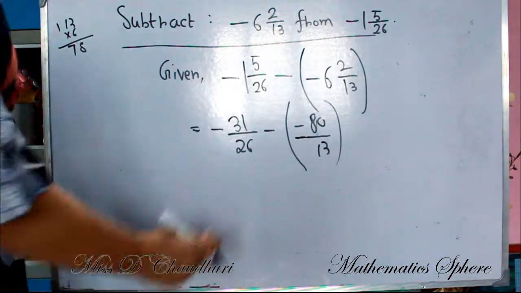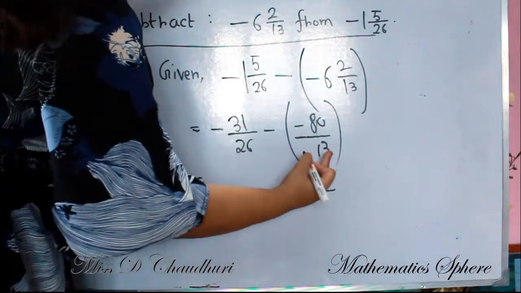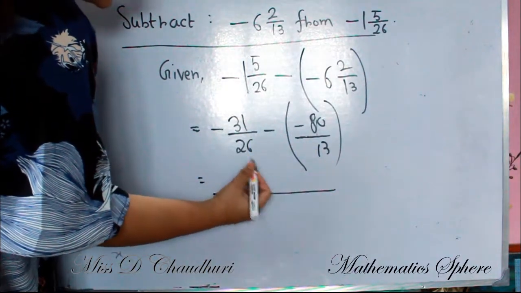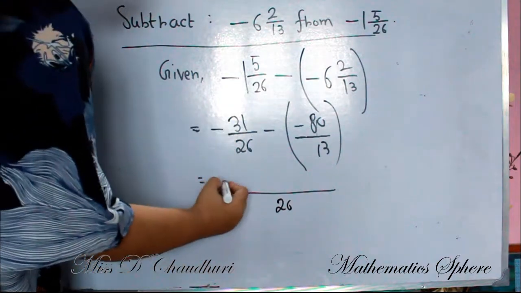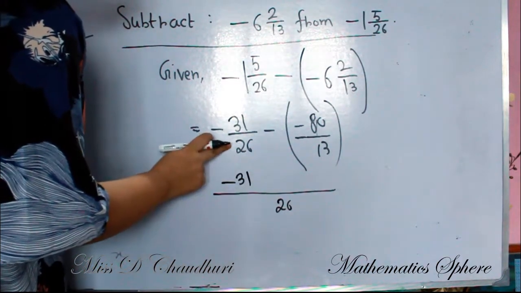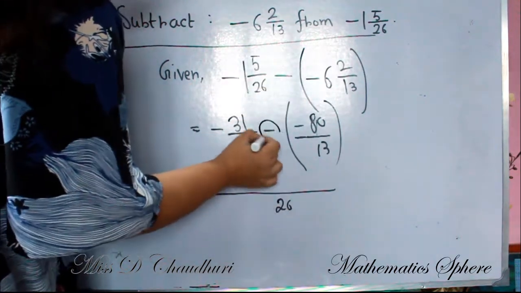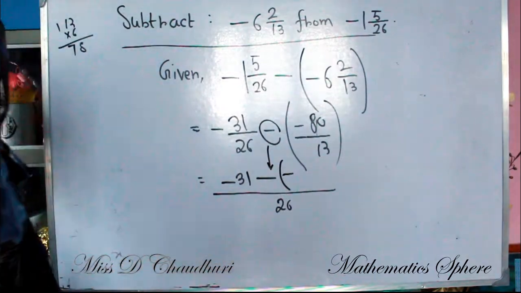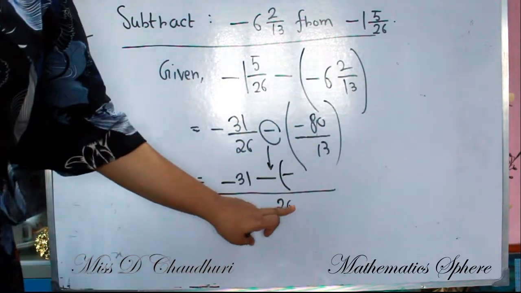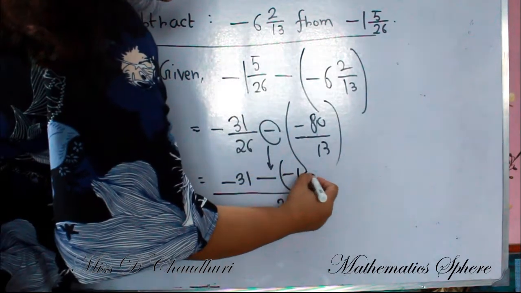Now we will have to take the LCM. Obviously 26 and 13, 13's multiple is 26, so the LCM will be 26 only, meaning the denominator. Now 31 will be as it is because we have not changed its denominator, but this minus is coming here and this minus will also remain, but minus 80 into 2 should be done because 13 into 2 we have done here. So this will be minus 160.